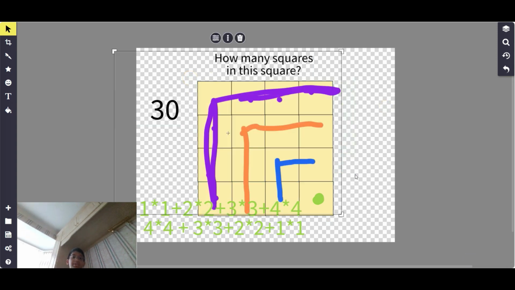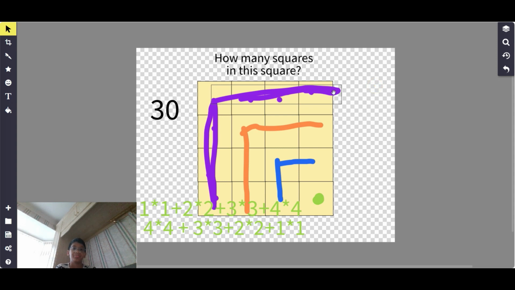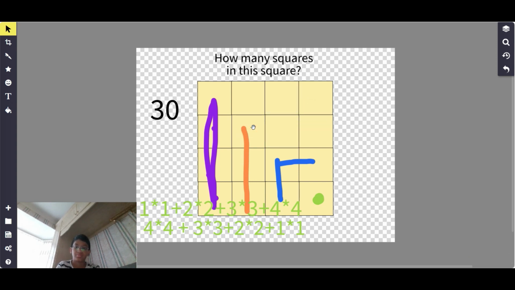Let me make the square smaller. Let me erase all of the dots and make the rectangle smaller. It takes time. Let me just erase quickly.